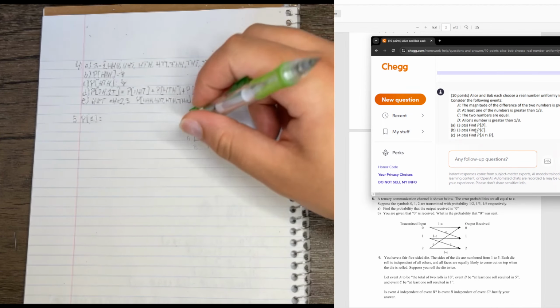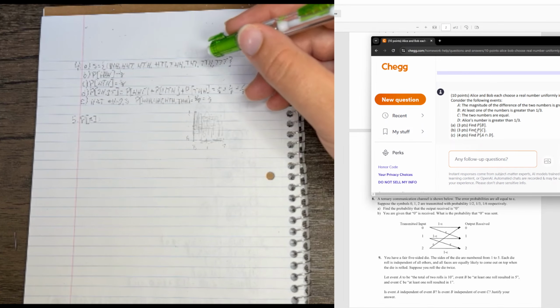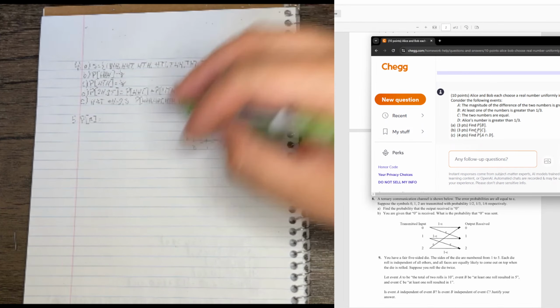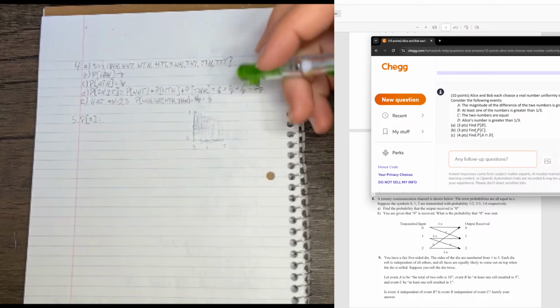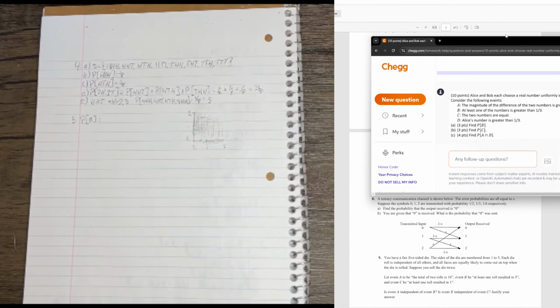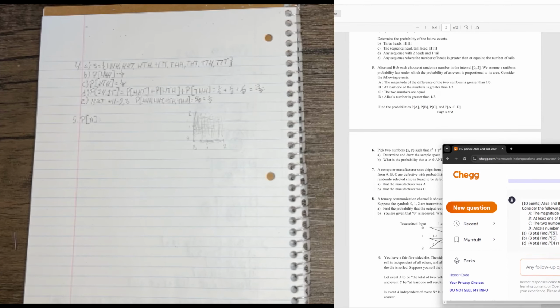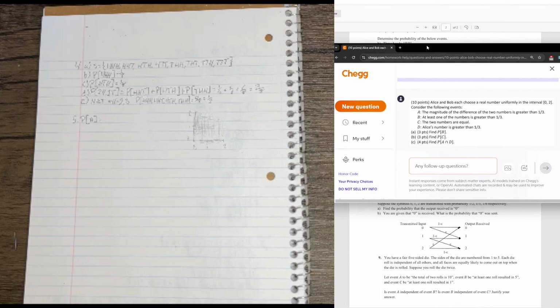I think we would subtract the combination. No, because it doesn't matter if it's both of them. But we don't want it, right? I don't know. Let me think about this real quick. Do I have that same question on here? At least one of them, yeah.